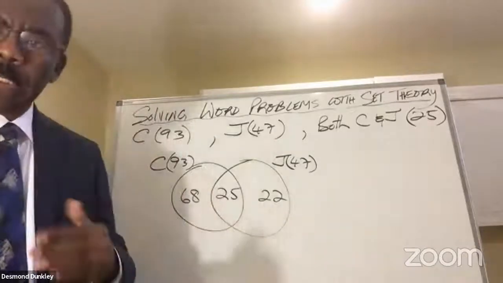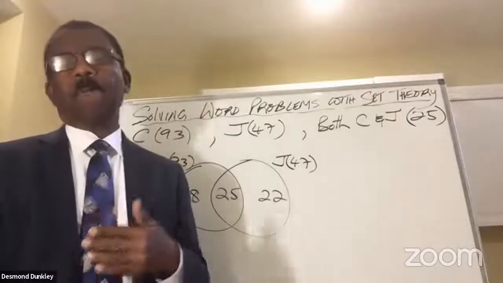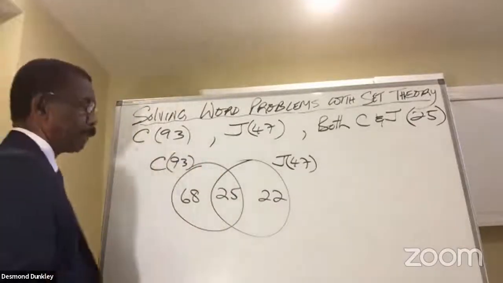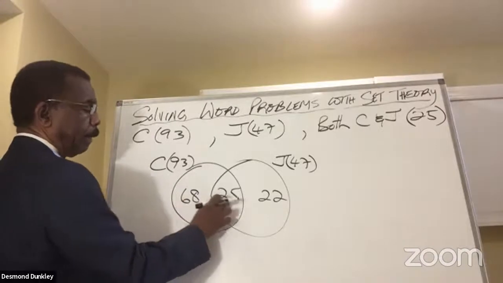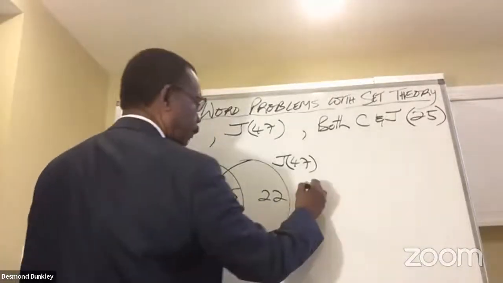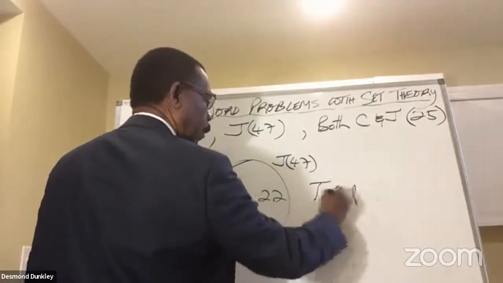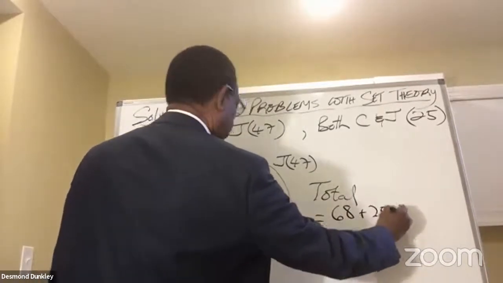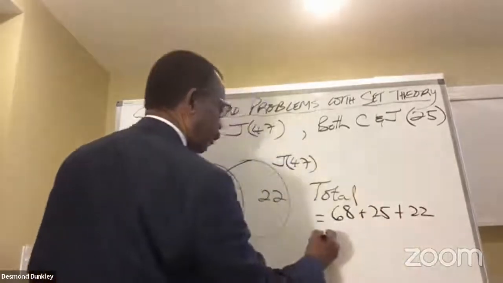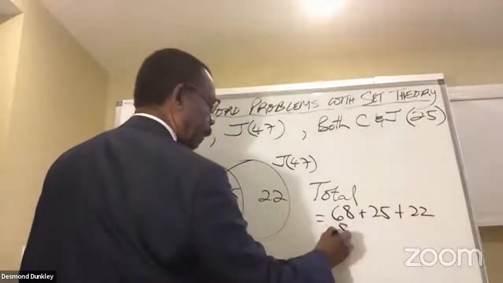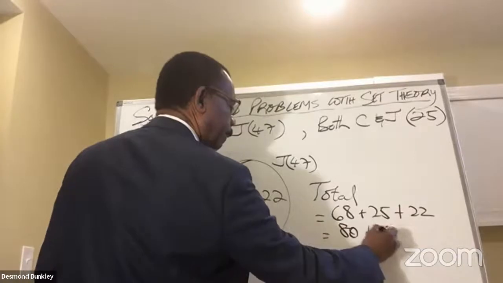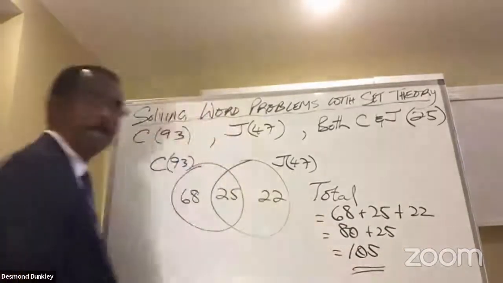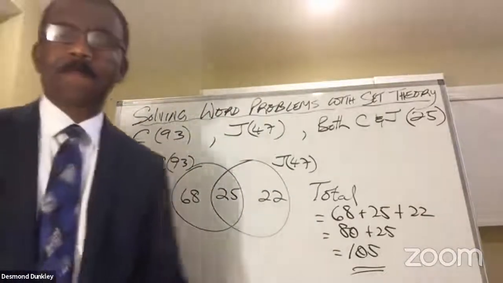They all took a form of liquid, a form of beverage, whether it's coffee or juice or both. So the total that came to the buffet would be 68 plus 25 plus 22, which of course is equal to 80 plus 25, equal to 105.